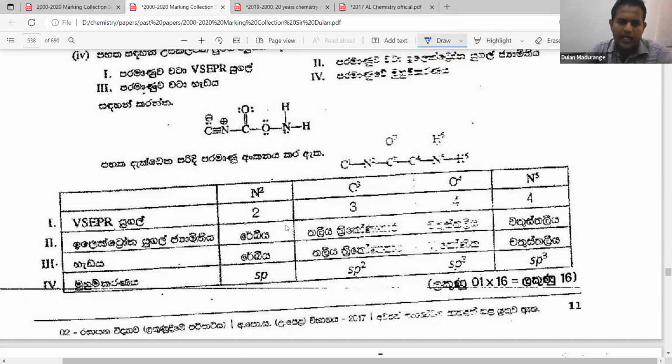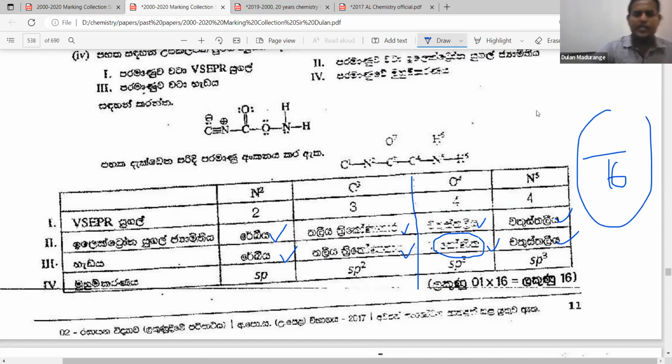This is linear, this is also linear, right? Trigonal plane, trigonal plane. Tetrahedral. This one is angular, V shape, bent. Tetrahedral, right? Out of 16 you can put your marks.